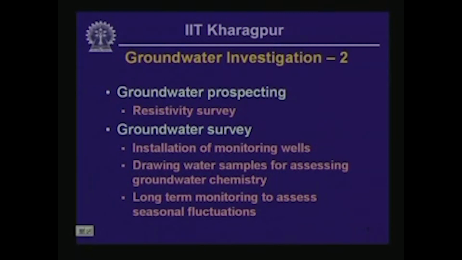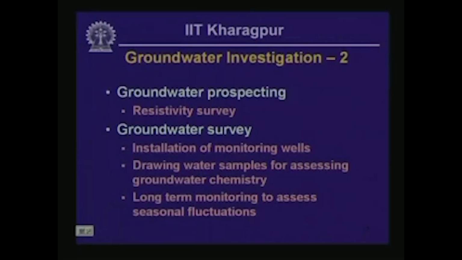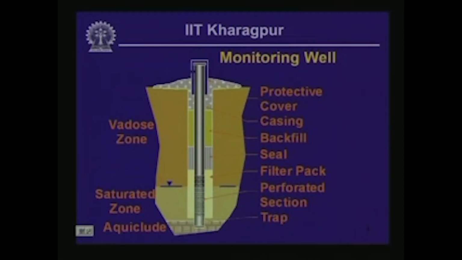In addition, the wells are pumped out at steady state in order to assess the potential yield from a particular well, and that is called well testing. So, all these steps are carried out in groundwater survey and groundwater prospecting.